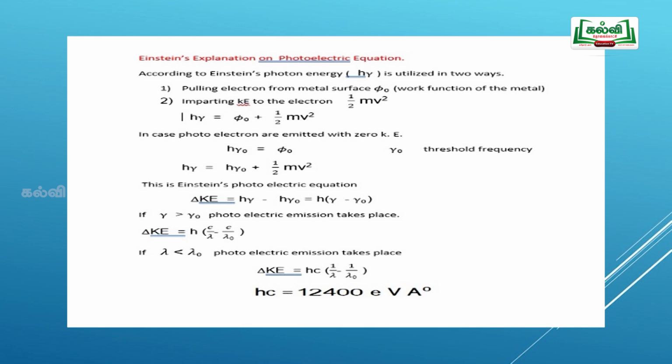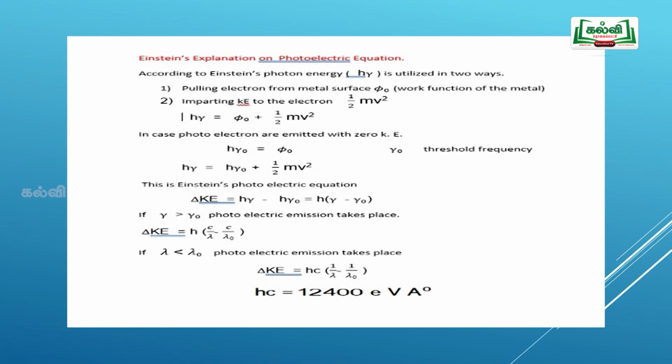If nu is greater than nu naught, that is the threshold frequency. When the frequency of the incident light is greater than the threshold frequency, then only photoelectric emission takes place. The kinetic energy maxima can also be written as h c by lambda minus c by lambda naught, because as we know nu equals c by lambda. Lambda naught is called the maximum threshold wavelength, whereas in frequency we say that is the minimum threshold frequency.